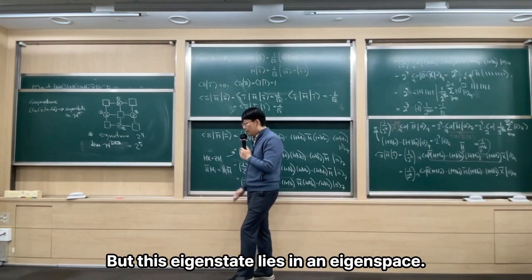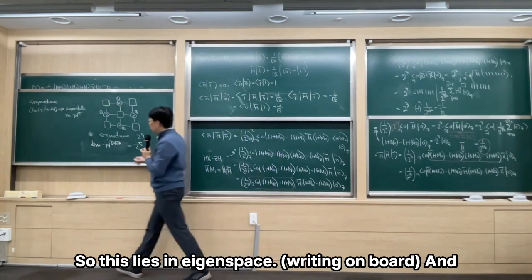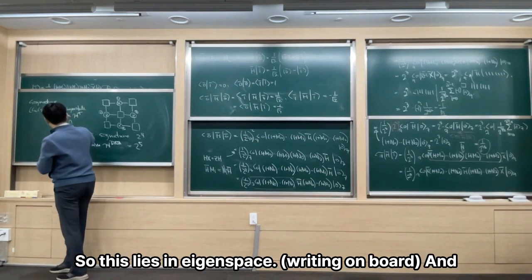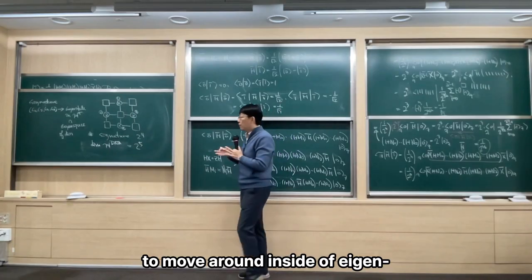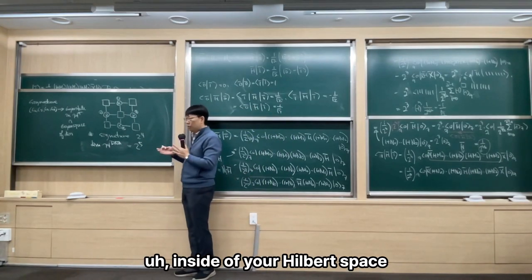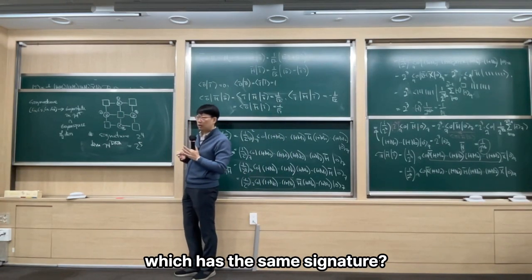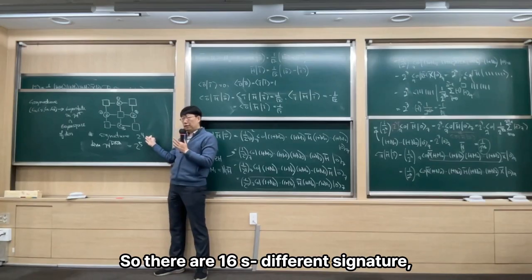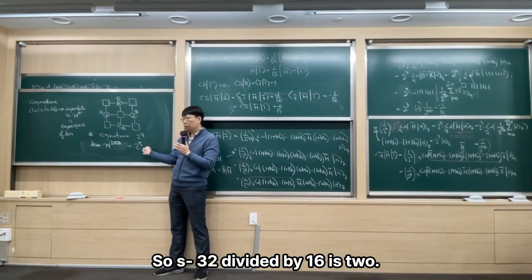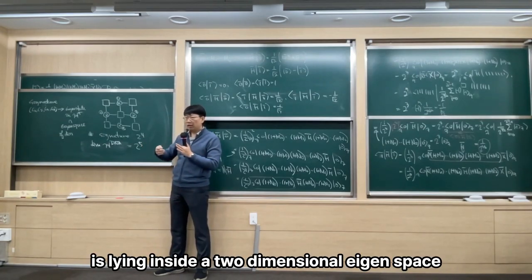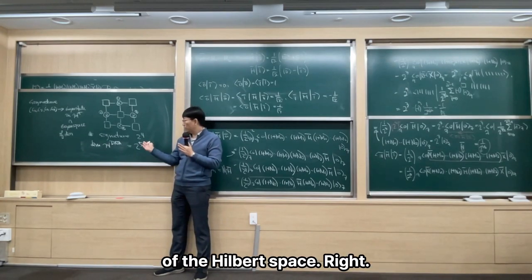But this eigenstate lies in an eigenspace. And what is the dimension of this eigenspace? How much freedom do you have to move around inside your Hilbert space while keeping the same signature? There are 16 different signatures, but there are 32 dimensions. So 32 divided by 16 is 2. So each eigenstate is lying inside a 2-dimensional eigenspace of the Hilbert space.